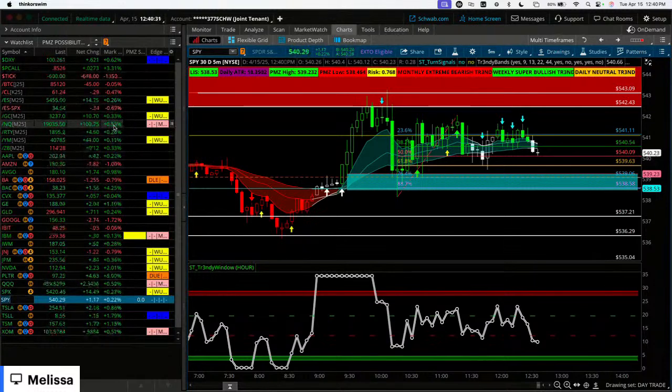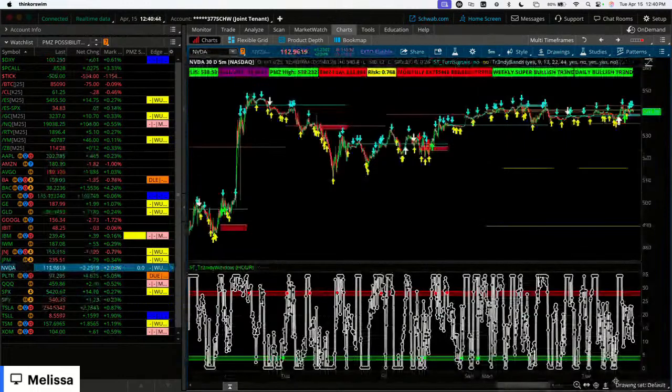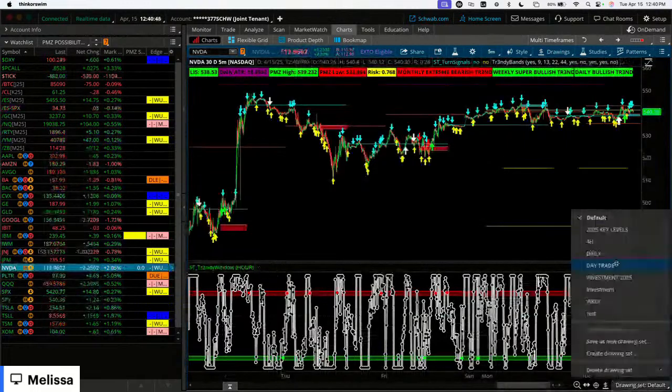So if the NASDAQ is up 0.5% and NVIDIA is up 2%, that to me means that NVIDIA is an outperformer.